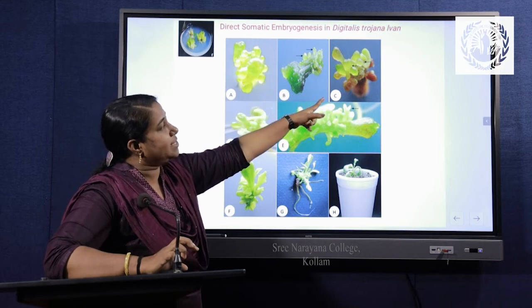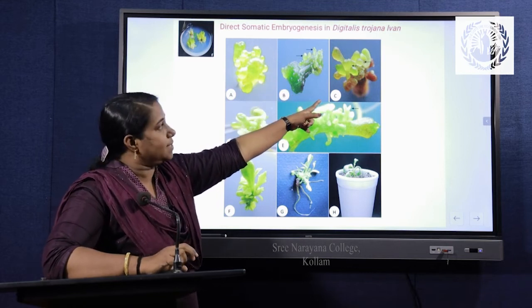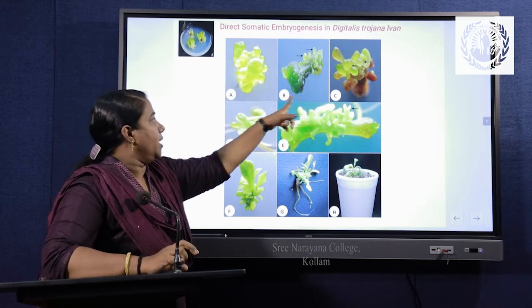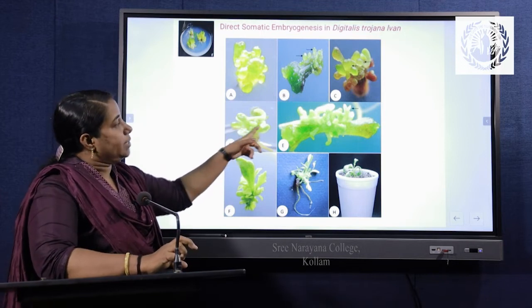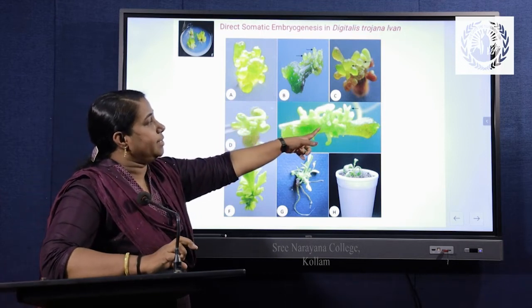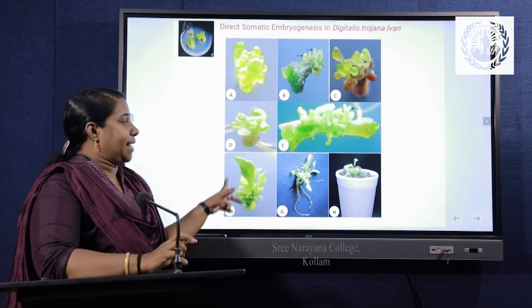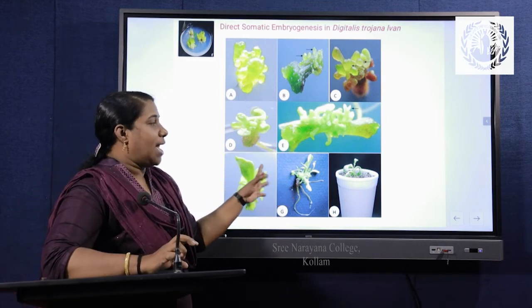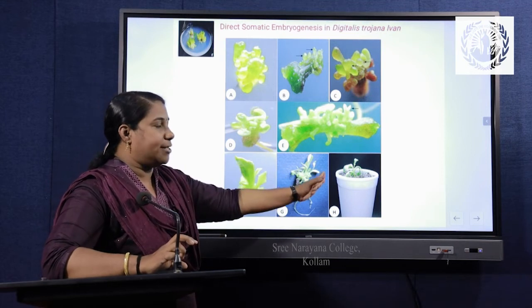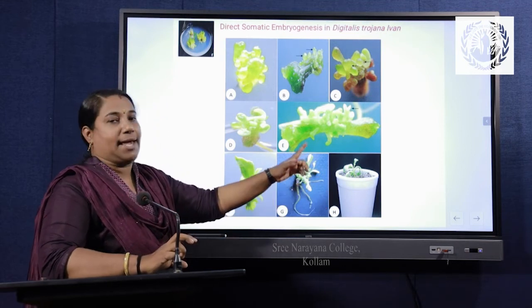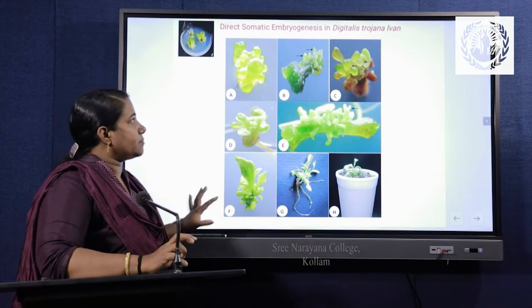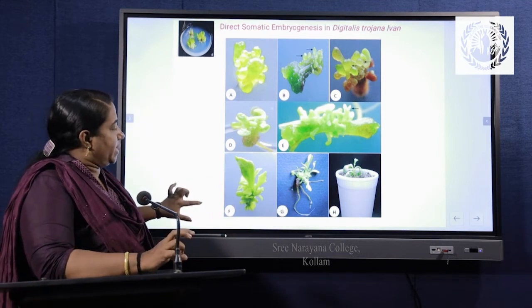After that, different stages of embryos can be seen, that is globular. Here comes the torpedo shape. It is very clear, the torpedo shapes. After that, it is converted to complete plants with a root and shoot system, and they can be directly hardened and established in the field. This is direct somatic embryogenesis.